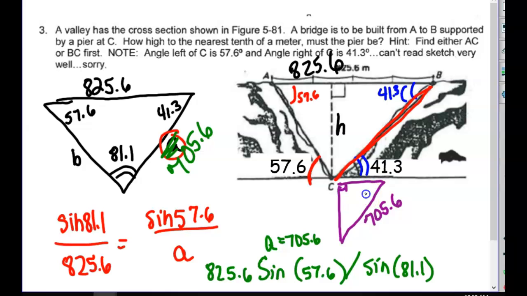We know there's a 90 and 41.3. Could we use that 41.3? The height would be opposite, and this would be hypotenuse, so you could use law of sines again, but the sine of 41.3 equals, and I have no room. Oh dear, goodness gracious.